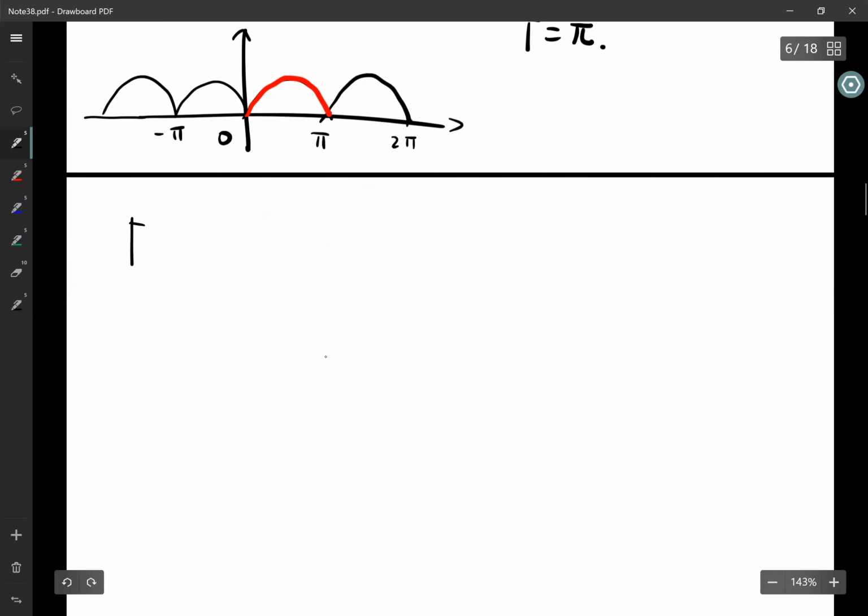So Fourier analysis, simply speaking, at least to this level, is to deal with expansion for periodic functions.